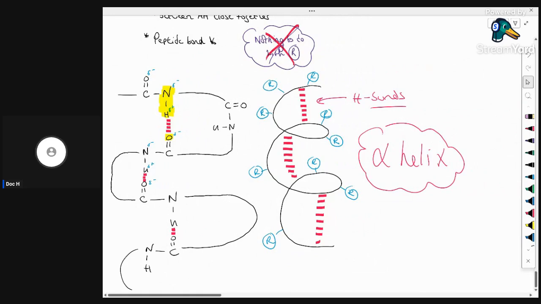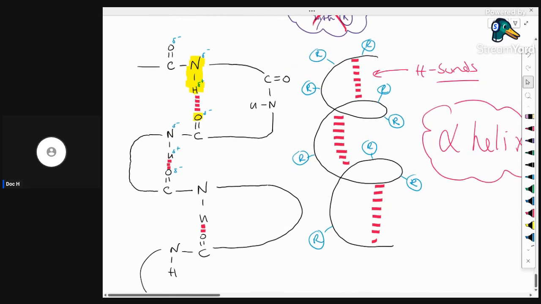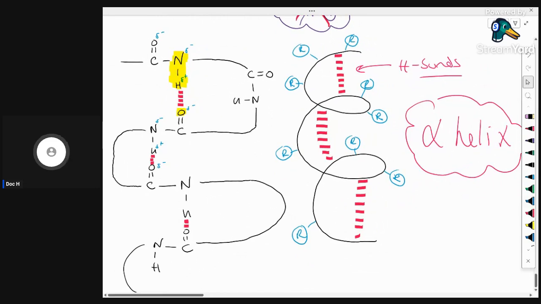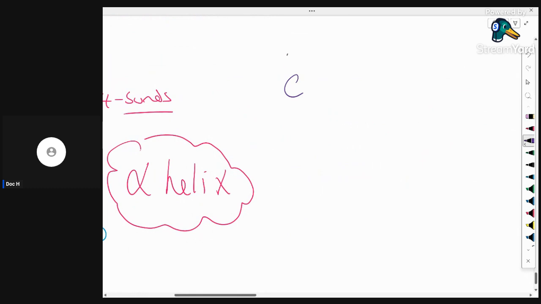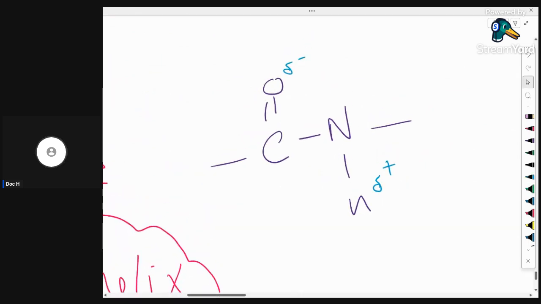The other point to note is, as you can see, I've drawn here, if you were to look at one peptide bond, so look at it like this, if we draw the deltas in, you can see that the extreme ends of the peptide bond, on this end here, we've got a delta negative, and on this end, down here, we've got a delta positive, this end delta negative.